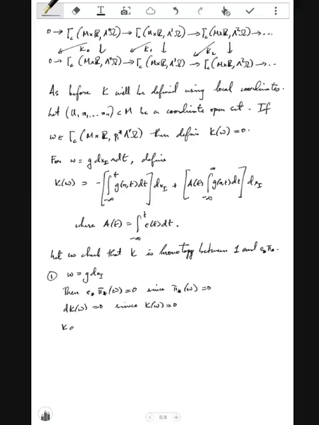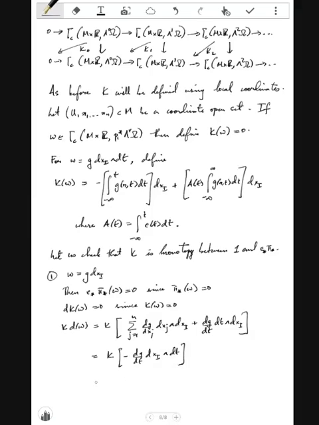Now let's compute k of d omega, that is equal to k of the summation j equal to 1 to n, and this is equal to k of minus dg by dt dxi wedge dt, which is equal to the integral from minus infinity to t of dg by dt dt dxi, minus a of t times the integral from minus infinity to infinity of dg by dt dt dxi.